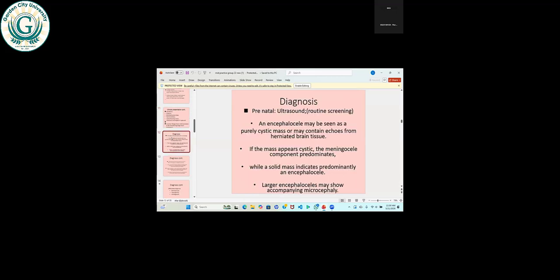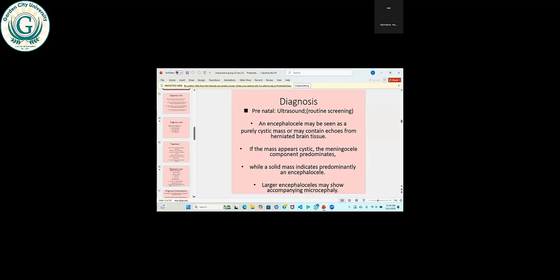With the diagnosis, it could be diagnosed prenatally through an ultrasound scan. That is during routine screening, when the anomaly scan is taken. During the ultrasound, it could be seen as a purely cystic mass or may contain echoes from herniated brain tissue.